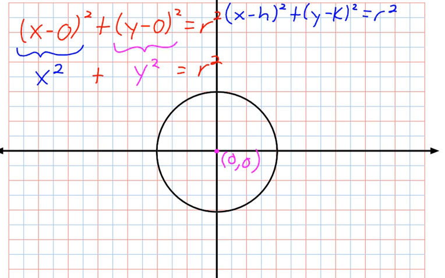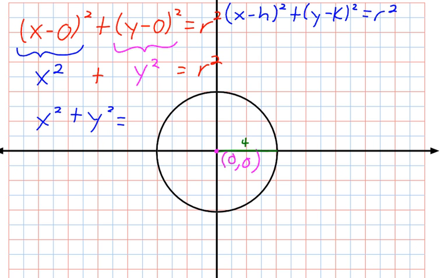The circle I have up here, I made a radius of 4. So my equation for that circle would be x squared plus y squared is equal to, remember, whenever we're writing our equation, we have to square the radius.